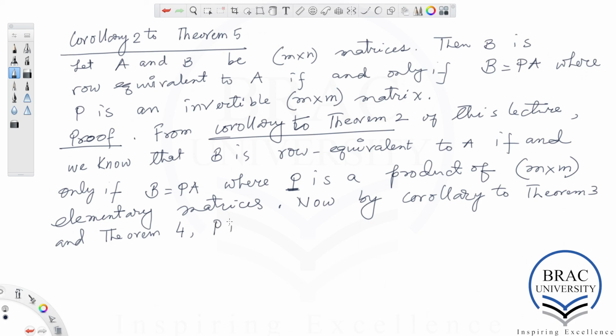P is invertible. So we have proved that B can be written as P times A, where P is an invertible m times m matrix. This is what we wanted to show. Okay, QED.